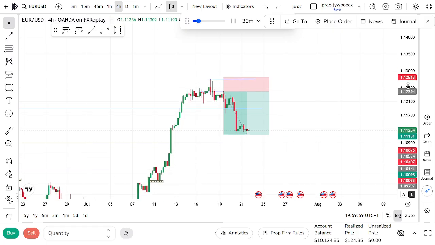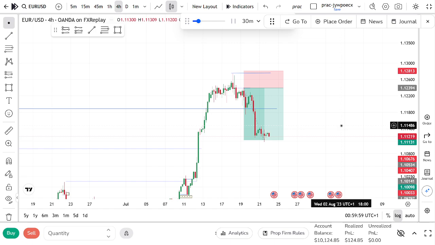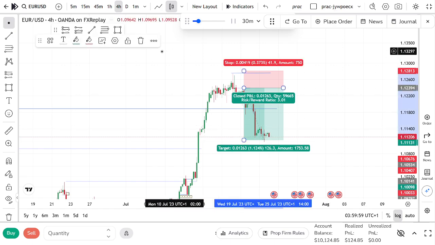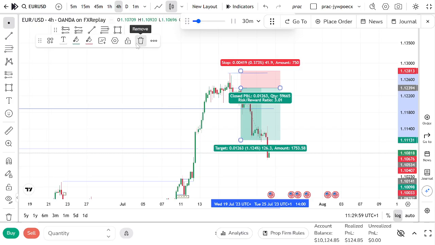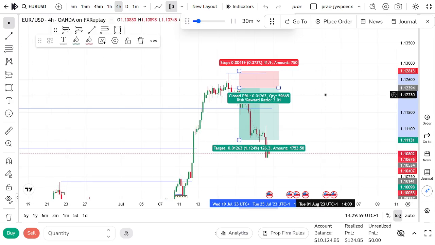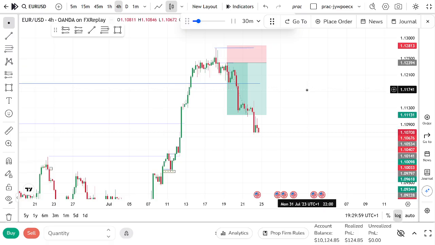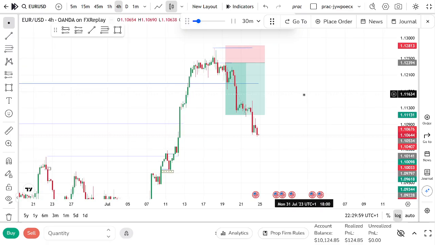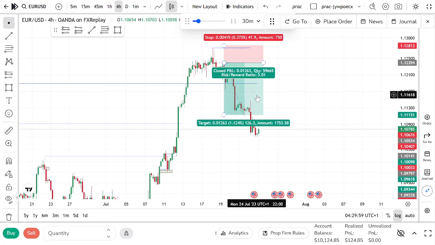But you cannot always put your hopes on price, especially when you are trading against the trend, right? How many RR is this going to give us? Let's see. It's still going. But I will have taken my 1 to 3 and I'll have been out of price.